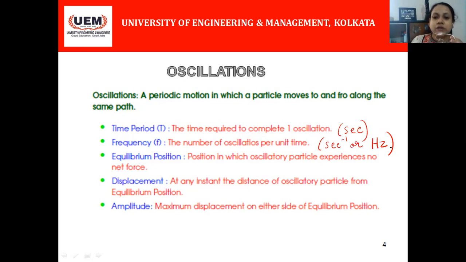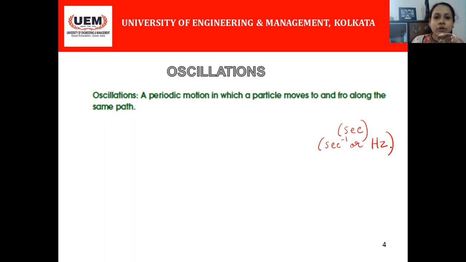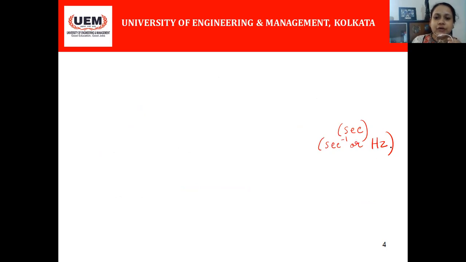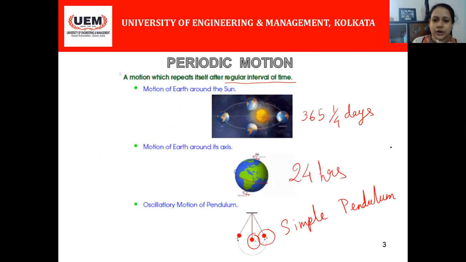Okay, so if we look into this picture of simple harmonic motion, here position 1 is the equilibrium position. The position 1 is our equilibrium position. Why? Because no net force acts on this oscillatory particle at this position.